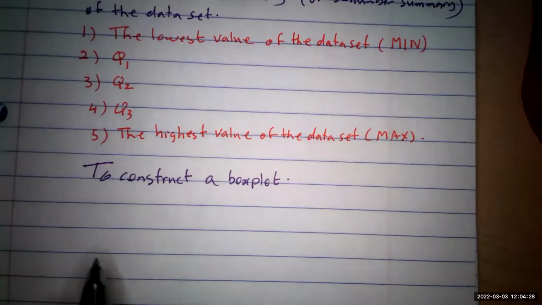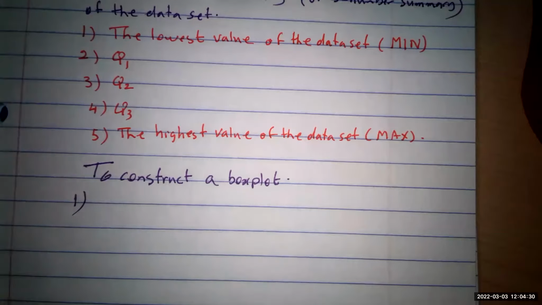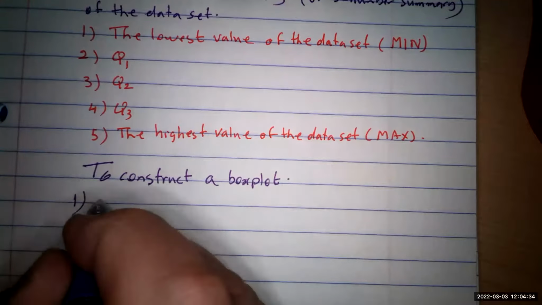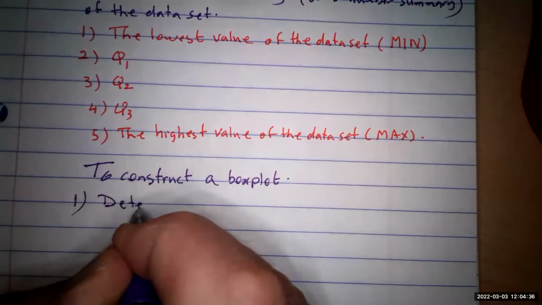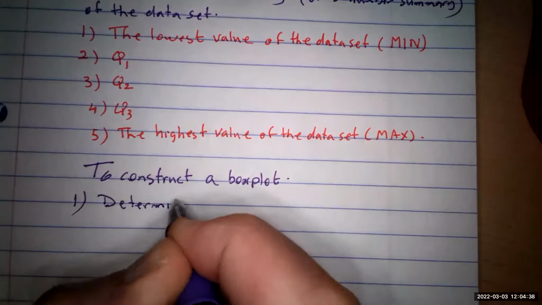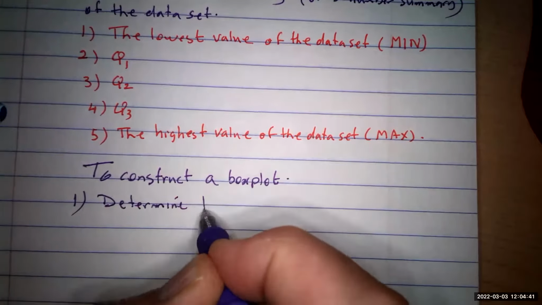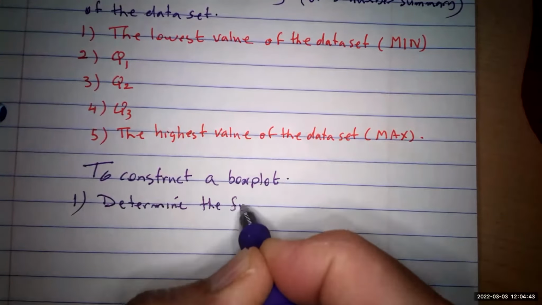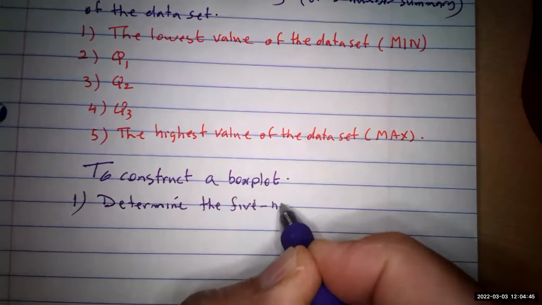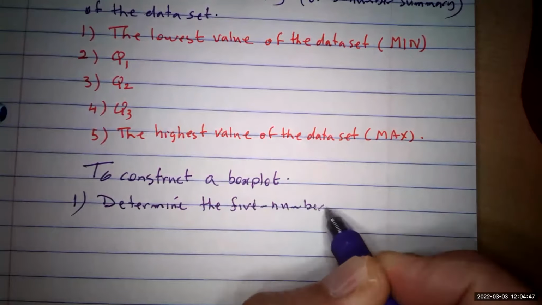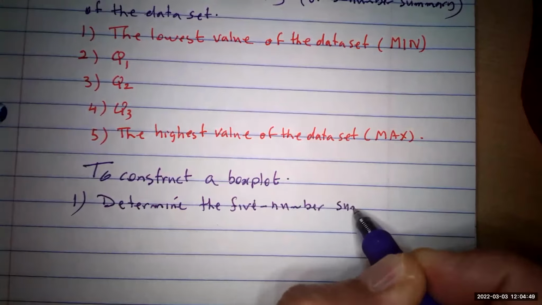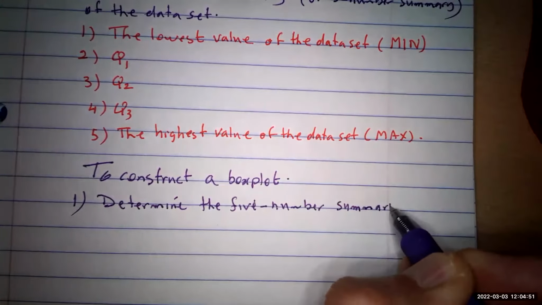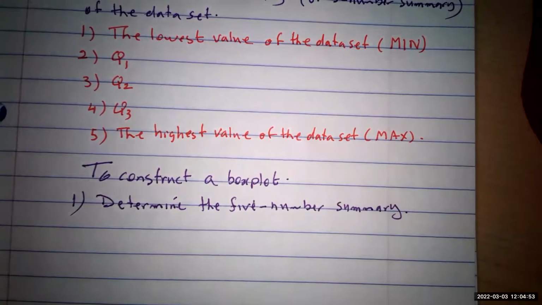The first part, you have to determine the five-number summary first. That would be 50% of the grade, so make sure you don't miss it. So that's the first one.